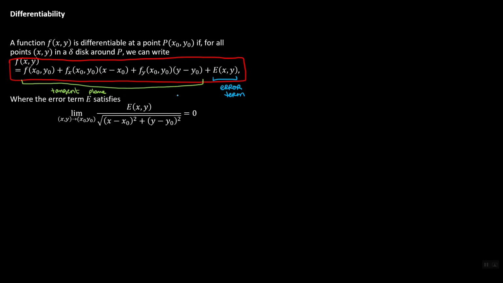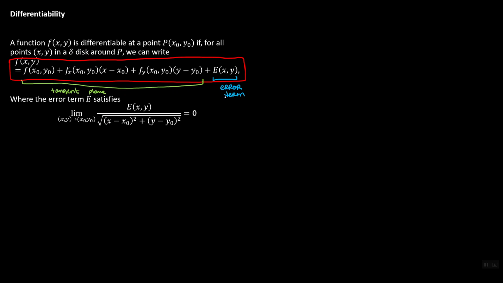Remember that when we did linear approximations, we said that the tangent plane was an approximation for the actual function and that the function value would be slightly different from what the function L would give us. This error term is what calculates the difference between the approximation and the actual function value.